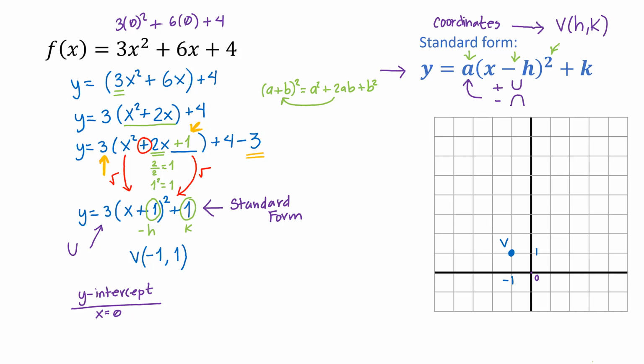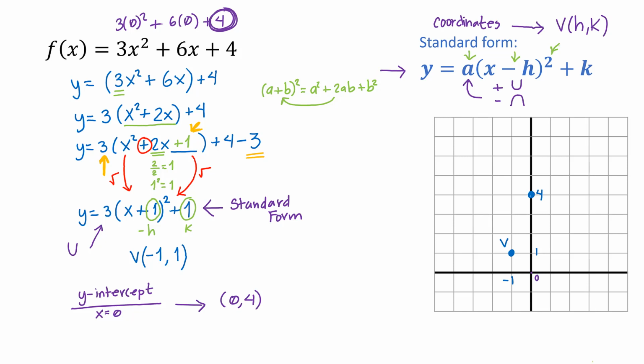And since we are substituting 0, 0 squared is 0 and 6 times 0 is 0, it cancels out, and our result will always be the last number, in this case 4. So the y-intercept is 0, comma 4 here.